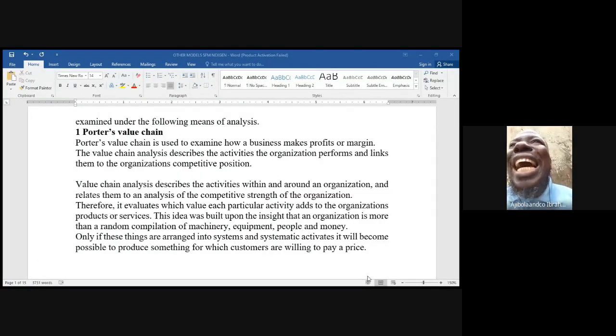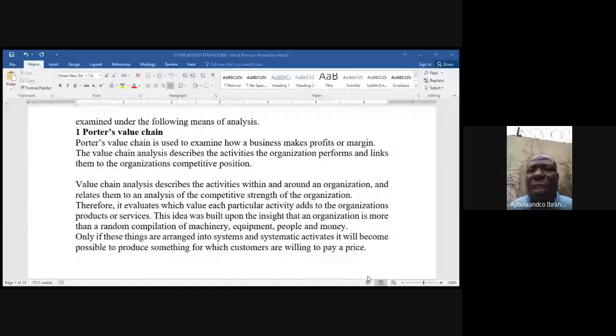And those support activities are just 4: procurement, research and development, which you can otherwise call technology development, human resource management, and infrastructure. Infrastructure includes IT, finance, and audit.